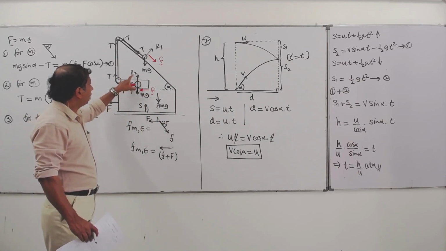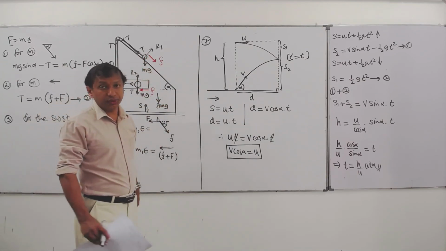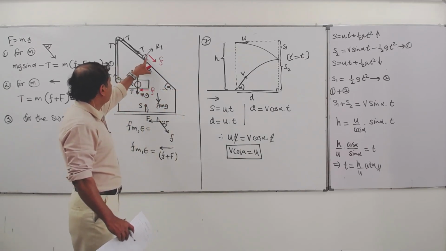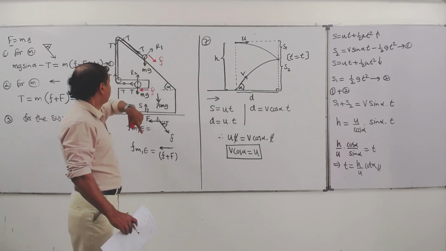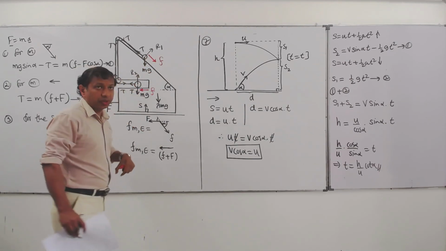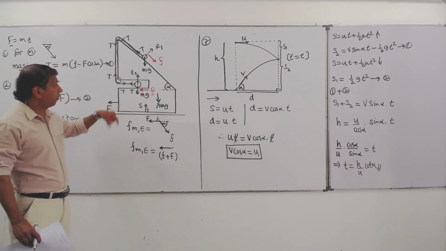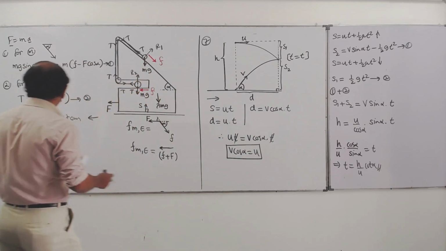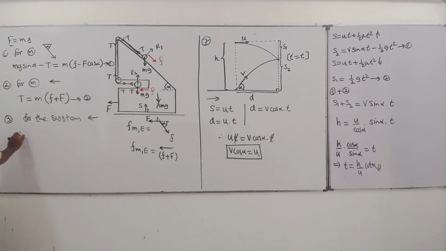And this R2 and this R1 are internal forces. Internal forces mean another R1 comes to this wedge by the particle, that R1 and this R1 cancel off. Another R2 comes to this wedge by this particle, that R2 and this R2 will cancel off. That is why we say the internal forces cancel. Then for the system, no external force, 0.